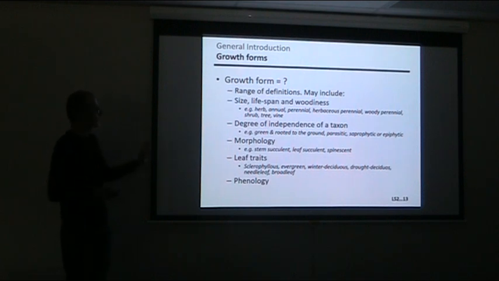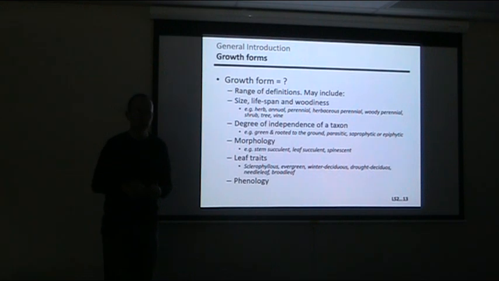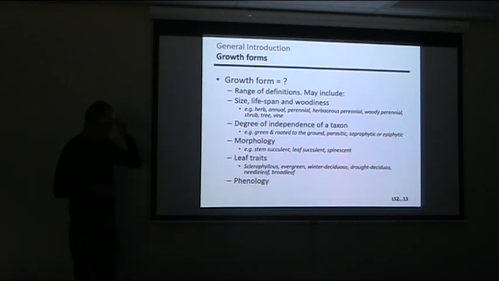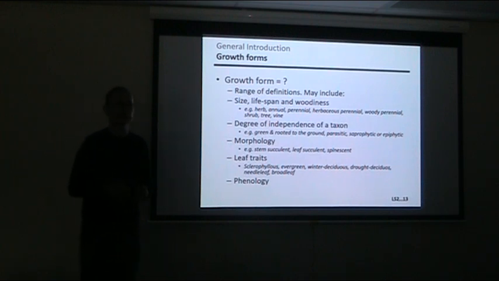There are a range of different growth form definitions, and some of them might not apply to or assist you in the question that you're wanting to ask. So unfortunately, this is another case of there's no single hammer that solves all problems.